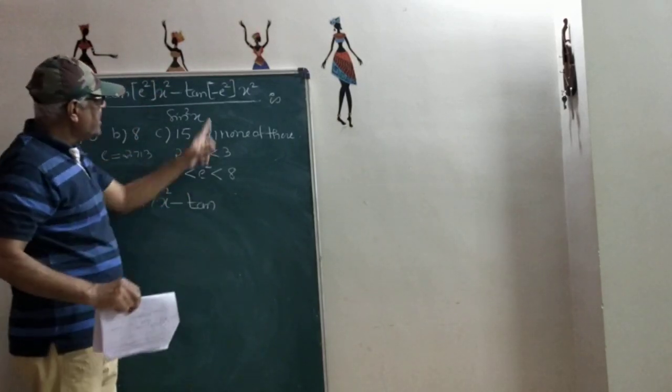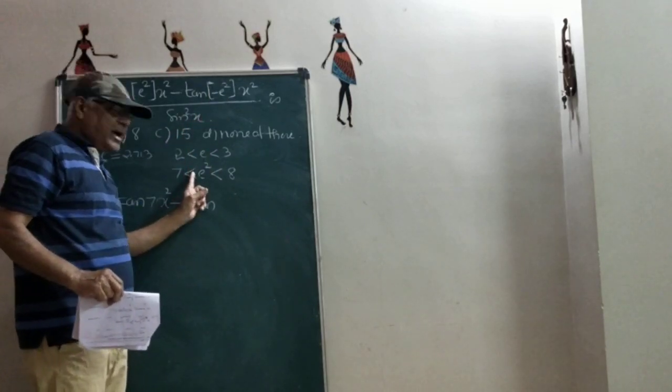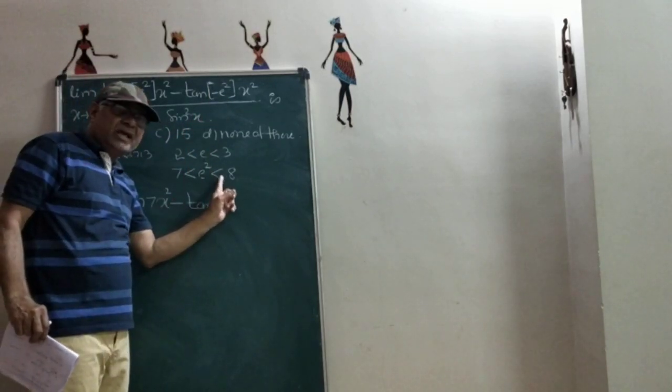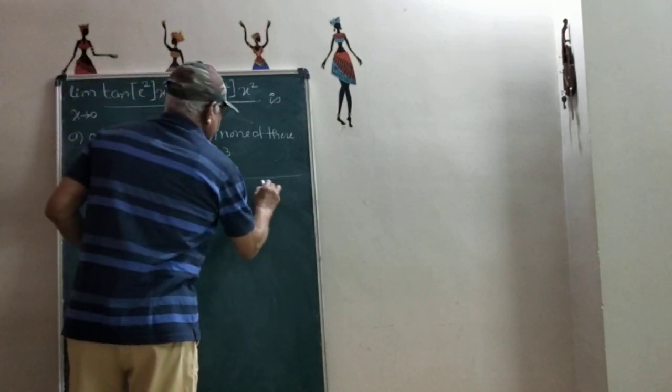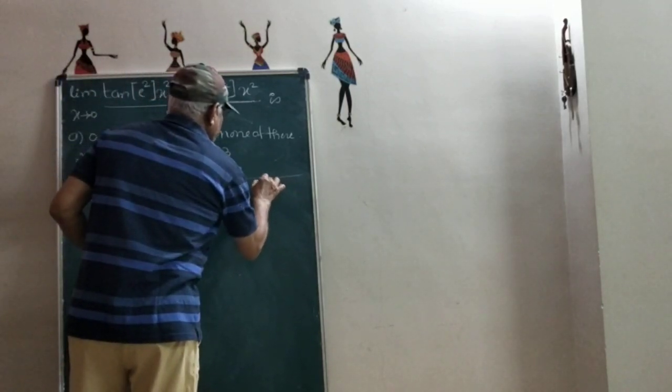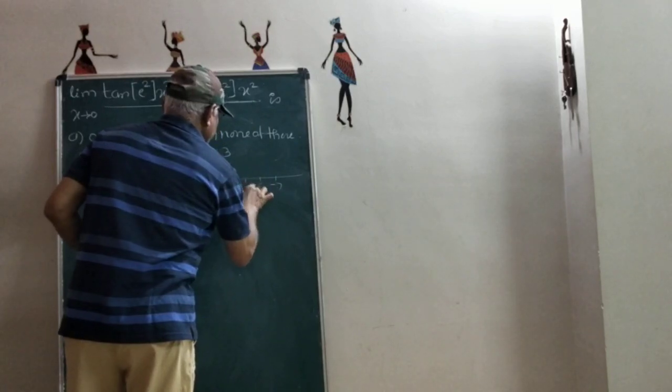Now E square, once again, it is minus E square. Minus E square means what? Less than minus 8. What is the integer here? It is minus 8, and the next one is minus 9.